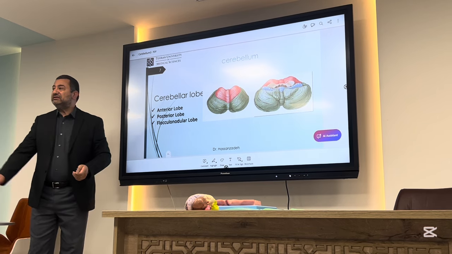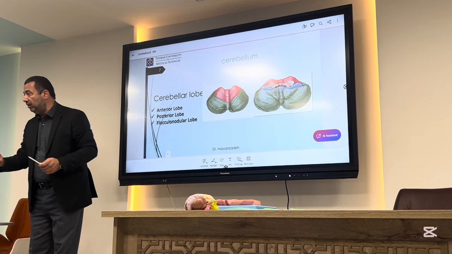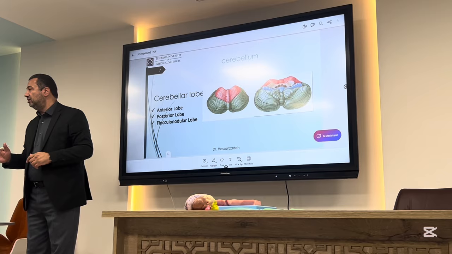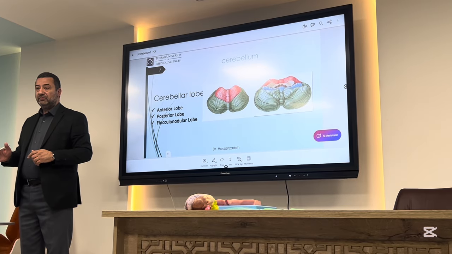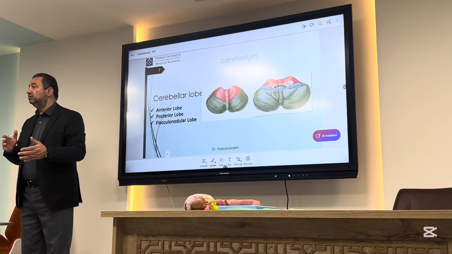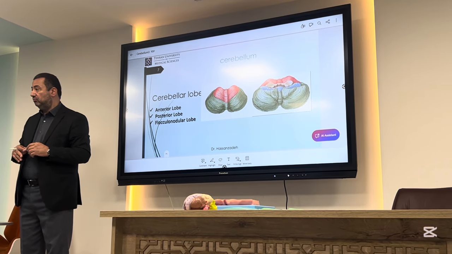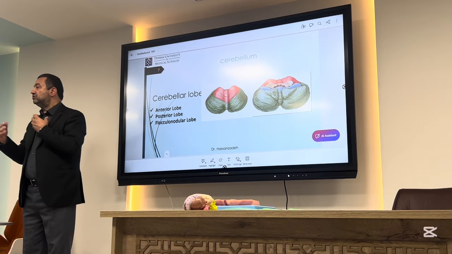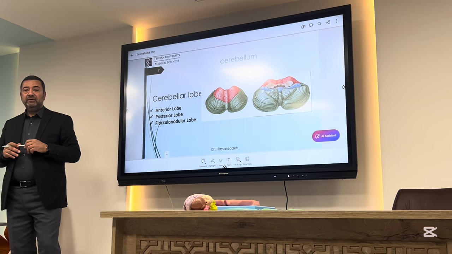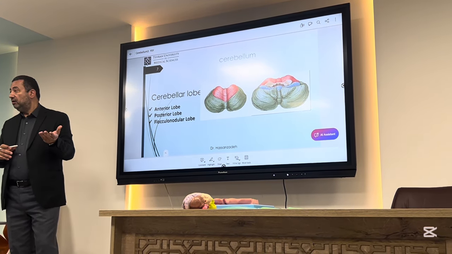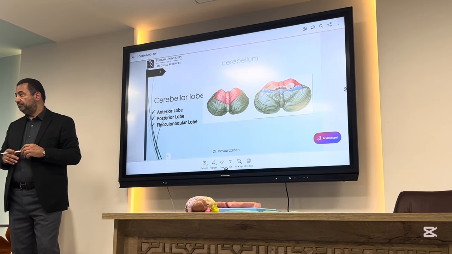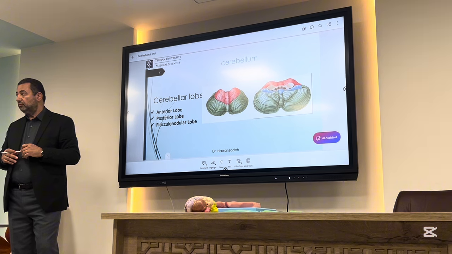Folliculonodular lobe is the first part of the cerebellum in the development of the cerebellum. This is the first part of the cerebellum that formed in the embryonic period. Is it clear?